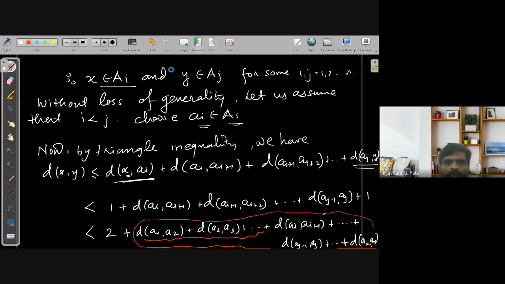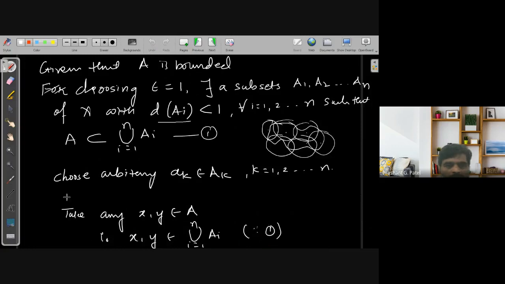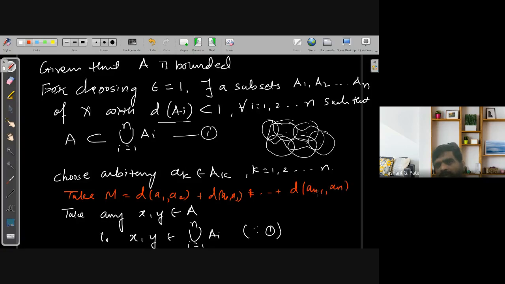So previously, I am just writing here: take m equal to d(a1, a2) plus d(a2, a3) up to d(an-1, an). So choose this to make that a constant, fixed number.